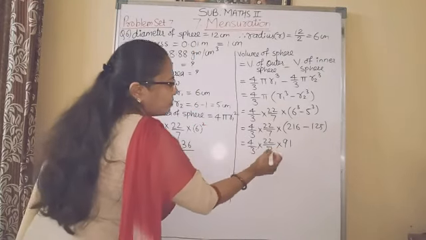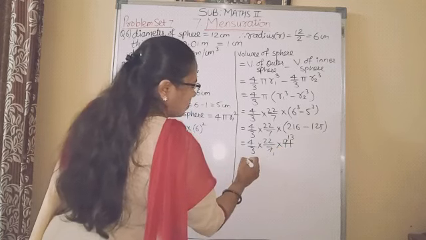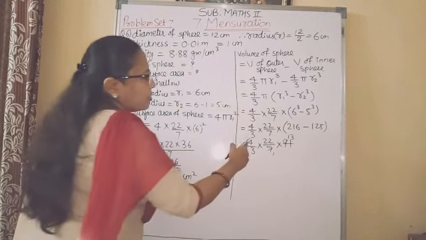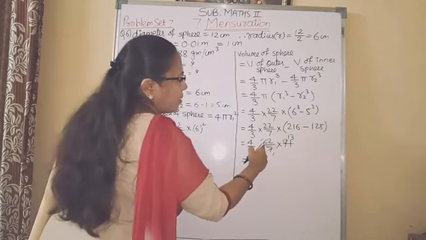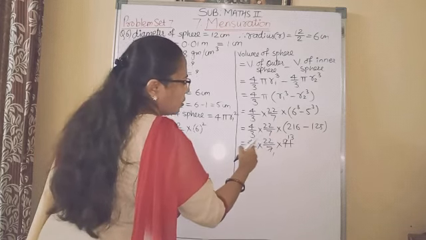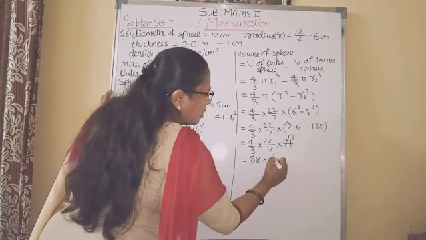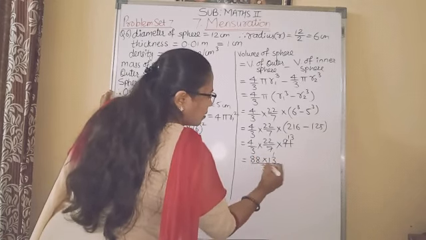Now 91 is divisible by 7. 7 ones are 7, and 7 thirteens are 91. Okay. So here 4 multiplied by 22 multiplied by 13 divided by 3. First multiply this. 22 into 4, 88, multiply by 13 divided by 3.